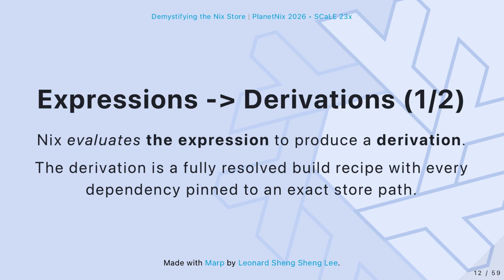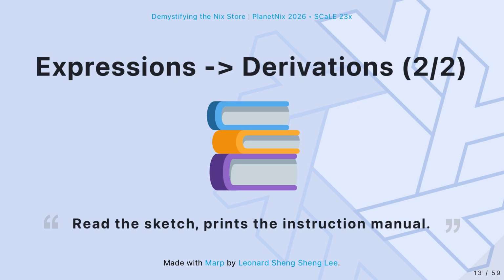So in this process, when Nix translates these expressions into derivations, in the Lego metaphor example, you have the sketch that you have sketched out. So Nix would read the sketch and then print out the instruction manual on how you build it.